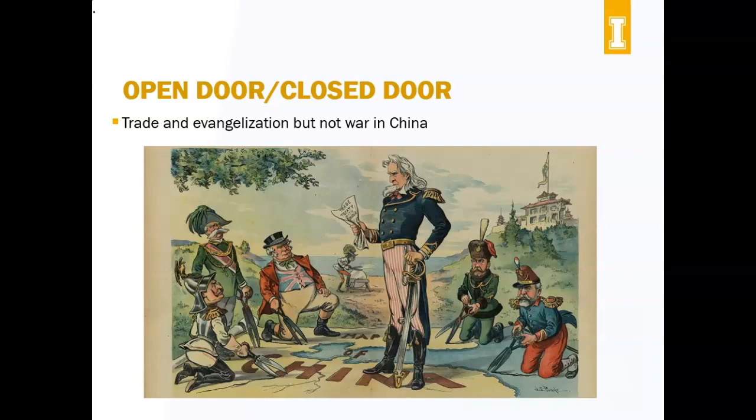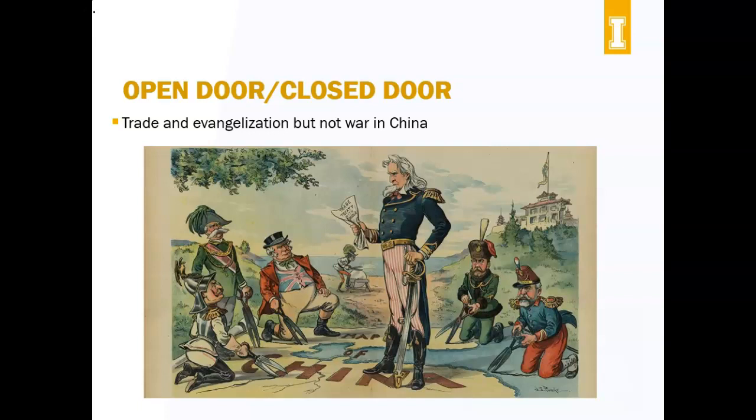So the next one that starts really just a year later, 1899, is the United States' push to have an open door in China. Now, trade interests and evangelical interests, not I mean big E evangelical from the evangelical faith, or not just them, but literally evangelization.